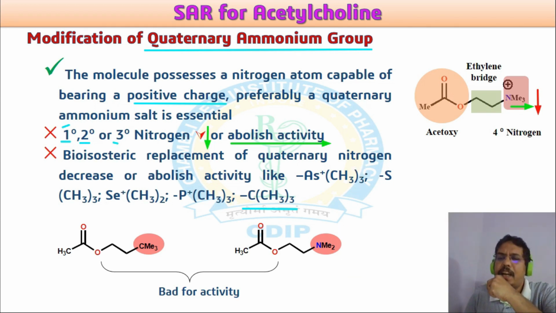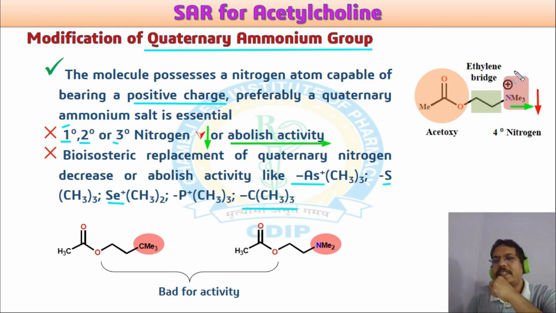If we go for isosteric replacement like arsenic or sulfur or selenium, in that condition again the activity decreases. This study revealed that the positive charge is essential and preferably the quaternary ammonium compound is essential.